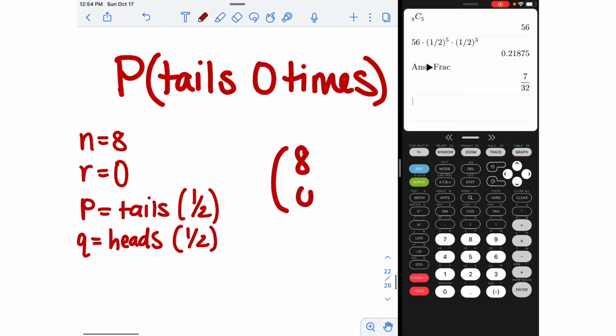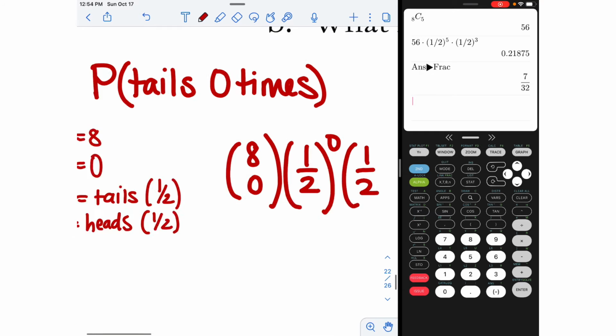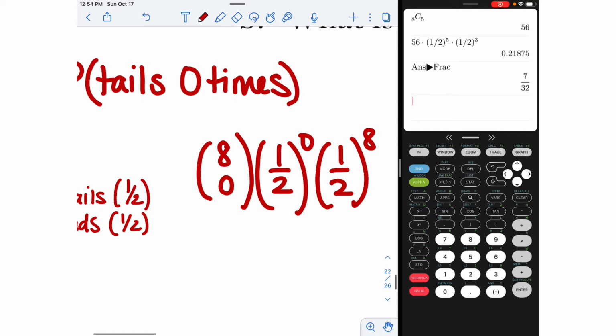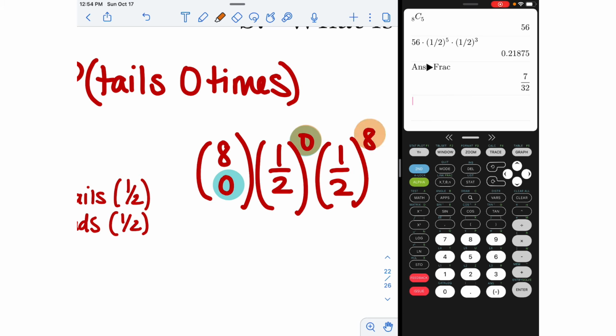So the probability that this lands on tails 0 times is going to be 8 choose 0, times 1/2 to the 0, times 1/2 to the 8th. Remember, this bottom number is the same as the first exponent, and the 2 exponents need to add to the top. So that's where I got those numbers from.